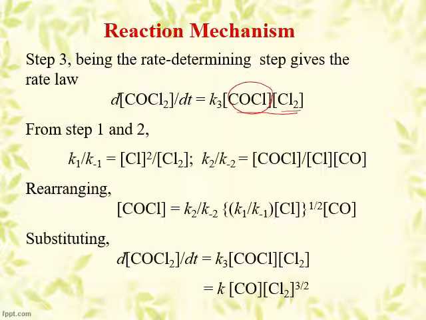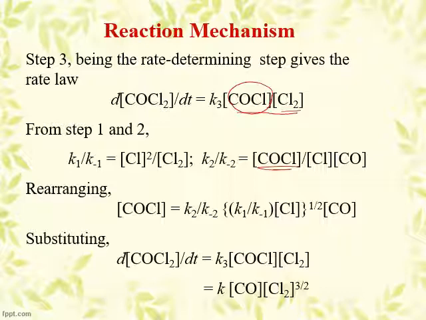Therefore, we need to substitute it according to step 2, because step 2 has COCl. This has been simplified for you: K2 over K negative 2, [COCl] over [Cl] multiplied by [CO].